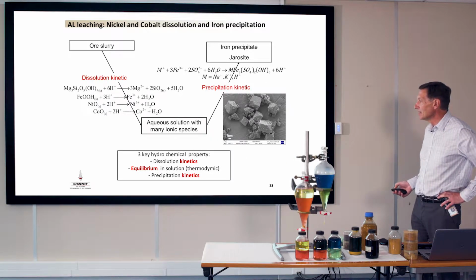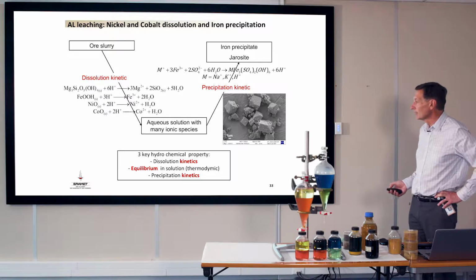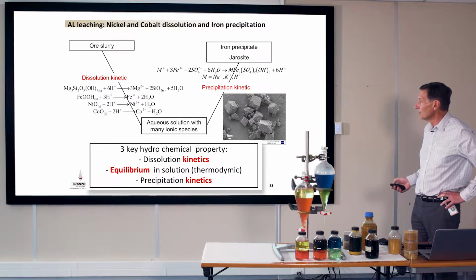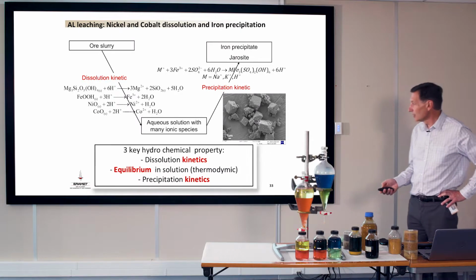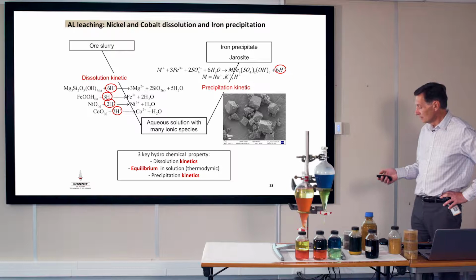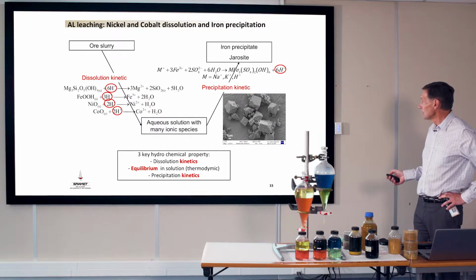The main chemical properties and parameters of all these different parts are the dissolution kinetics, the equilibrium of the species in solution, and the precipitation kinetics of the jarosite. And the main thing is that the acid needed for dissolution is regenerated during the precipitation.